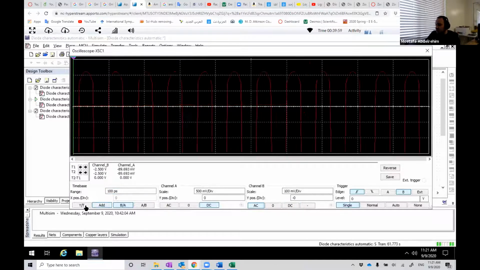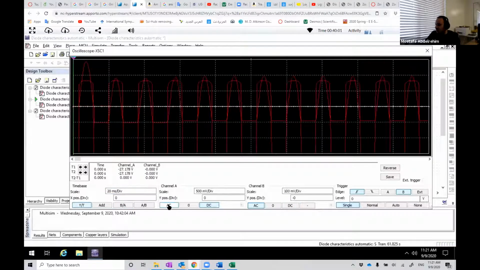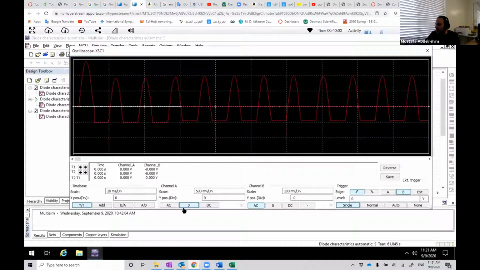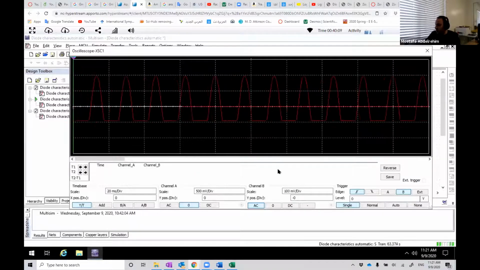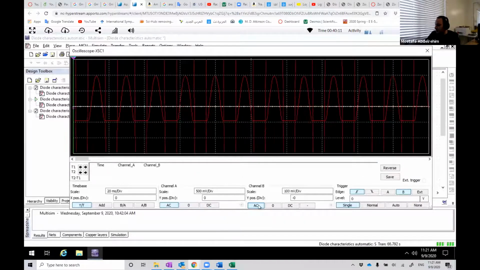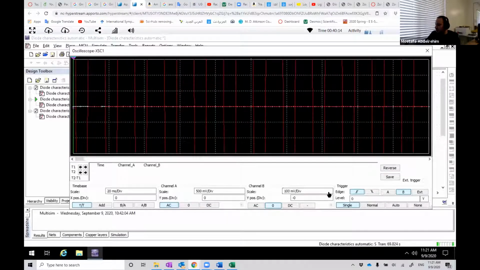So I just click YT. These are the 2 signals. For example, this is channel B now. This is the voltage across the resistor. And this is channel A. This is the voltage across the diode.